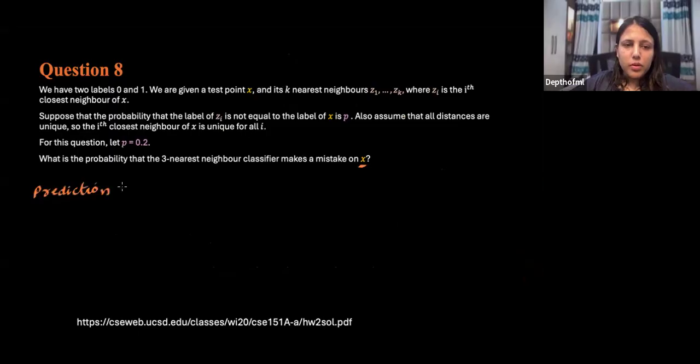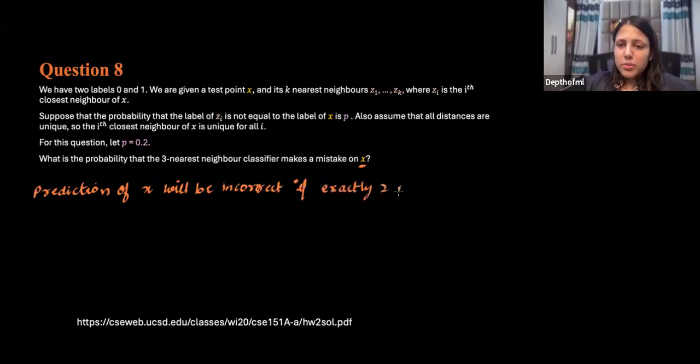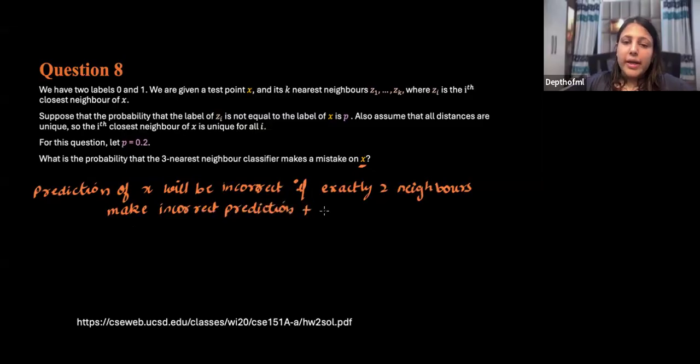The prediction of X will be incorrect if exactly two neighbors make an incorrect prediction, plus exactly three neighbors make an incorrect prediction, or have an incorrect label, or say a label which is not equal to X's label.